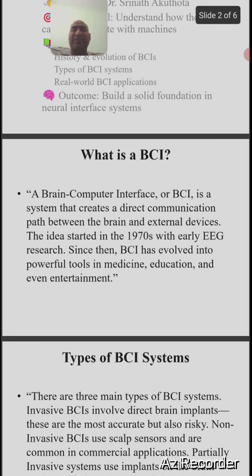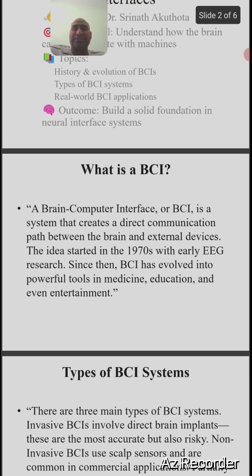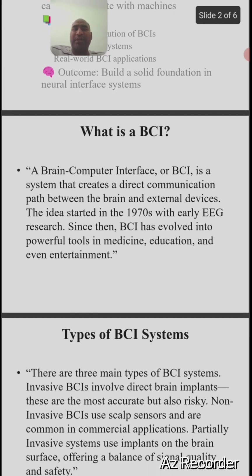BCI is a system that correlates the brain signals with the external world. Whatever system you connect to the brain is processed and applied in a different manner so that it works as you like. That means thoughts are converted into actions.